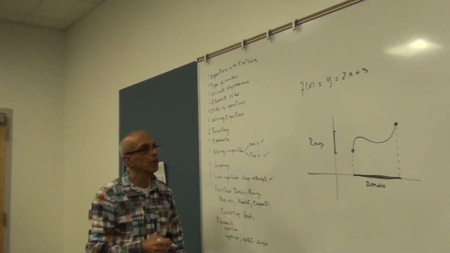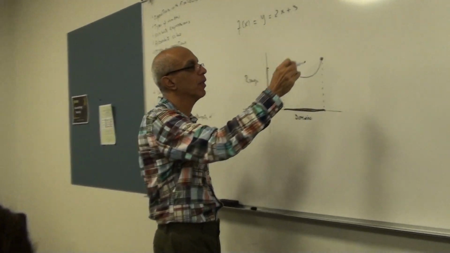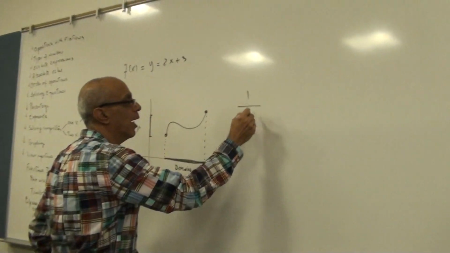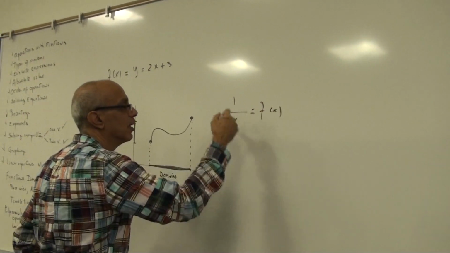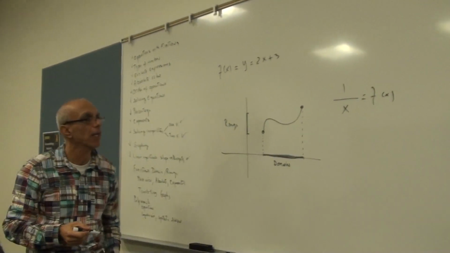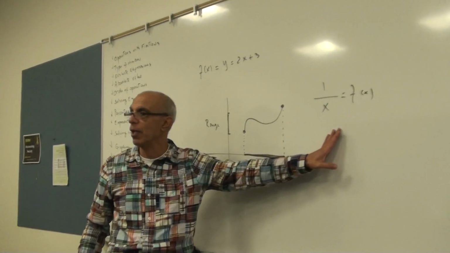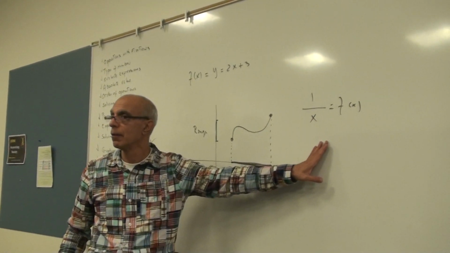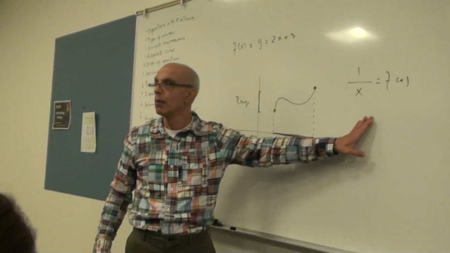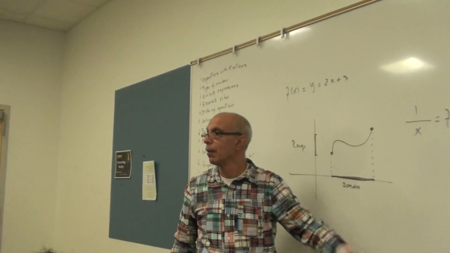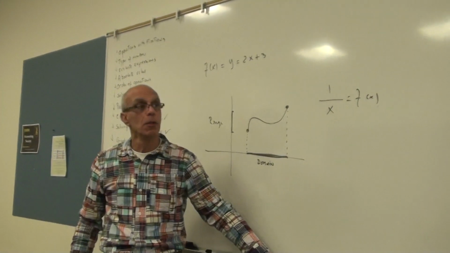Well, why is this important? Well, let's say I have a function 1/x, okay? f of x is 1/x. Does this function exist for any value of x? No. Why? Because it can't equal 0.